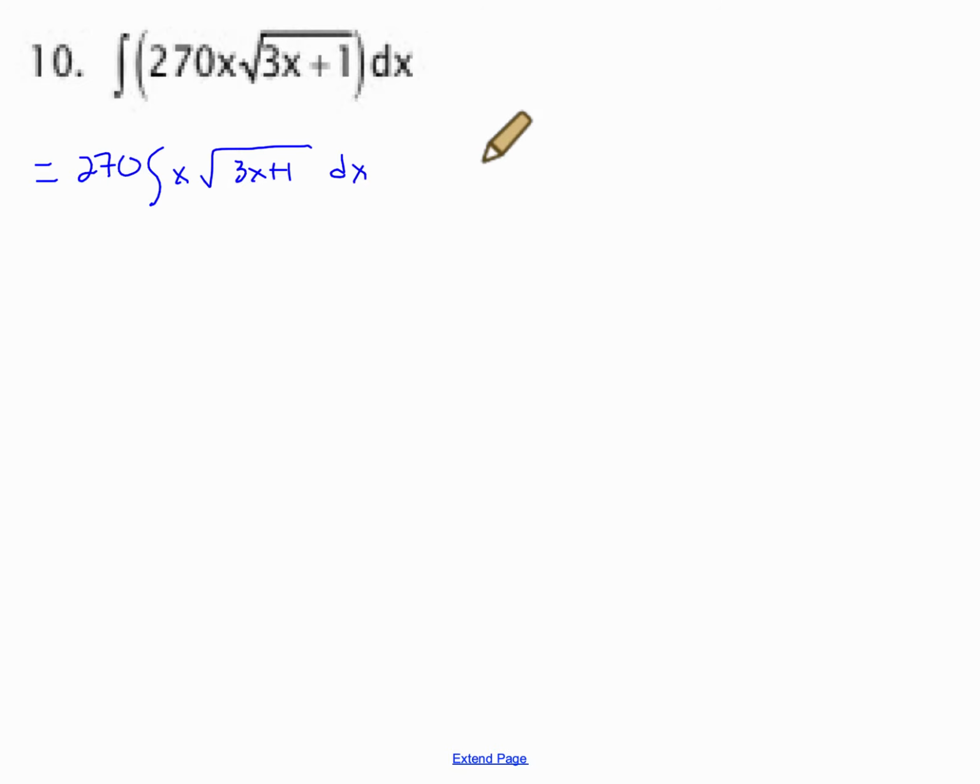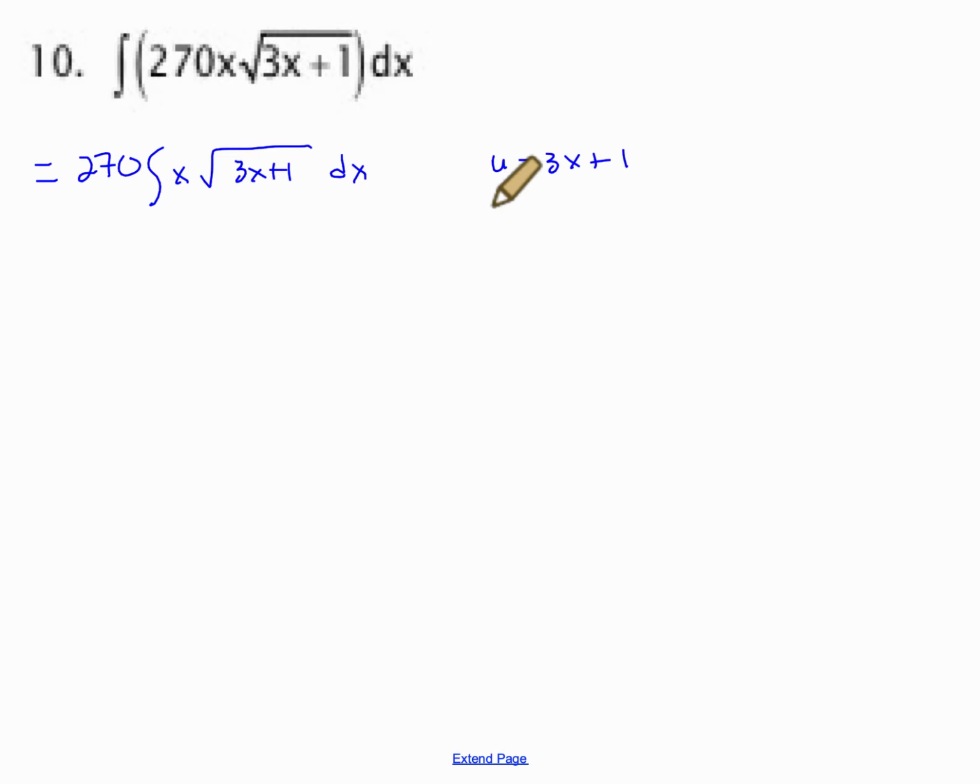So a somewhat obvious choice for you is 3x plus 1, because when we take the derivative, at least we get rid of the constant. And the problem is we still have this x hanging out. So that's the issue, but we'll take care of that in a second. So u equals 3x plus 1.